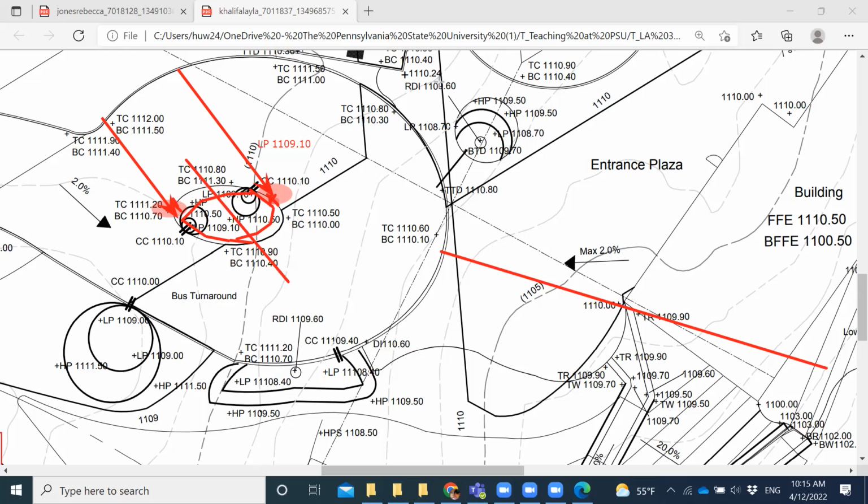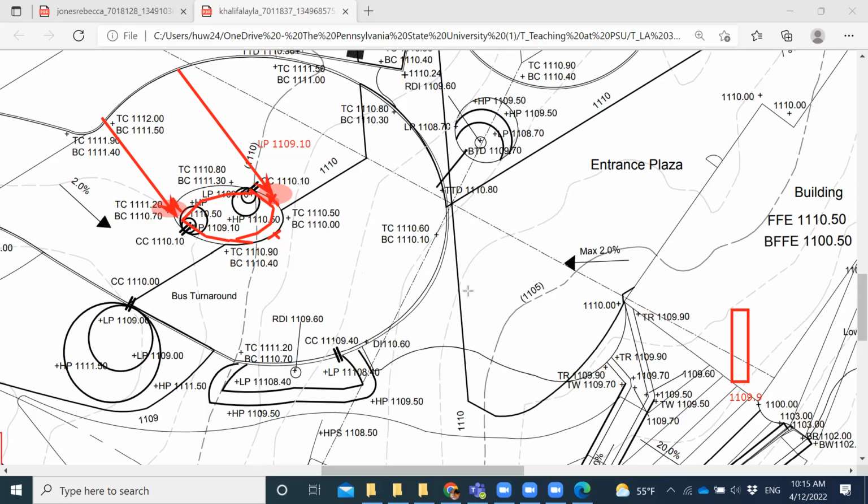Now if we again draw the cross section in this direction, that's high, this is low. We just need to check the lowest curb and see the height of that one. The bottom of the curb at this location is 1109.9.